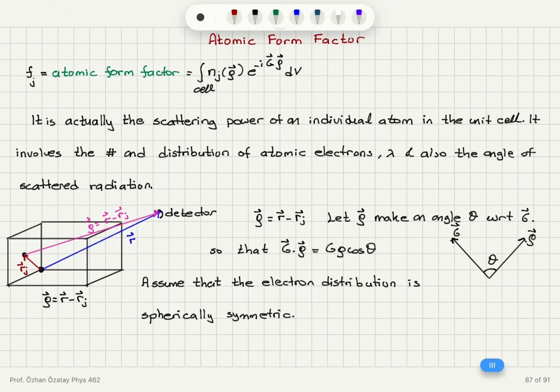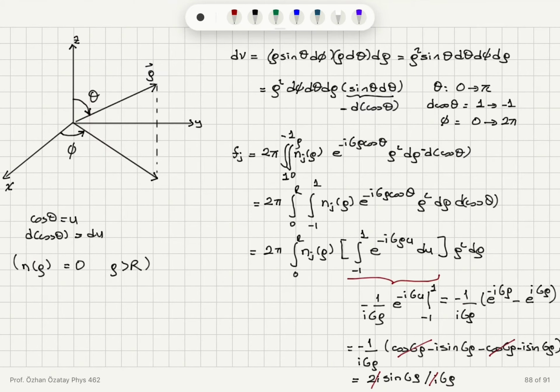And for simplicity, I'm going to assume that the electron distribution is spherically symmetric. Okay, now if I have spherical symmetry, so here is our rho vector, the position vector of the jth atom with respect to the detector. Let's say that this makes an angle theta with respect to the z-axis.